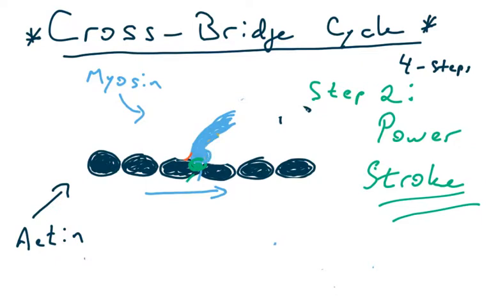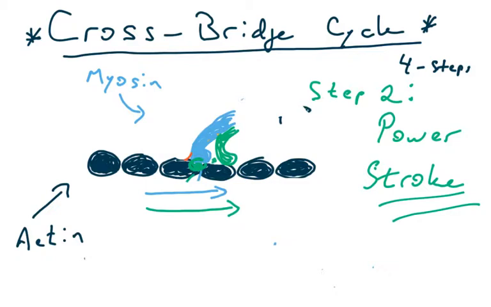Our myosin head, I'm going to make this green at this point, cocks itself, causing that pulling on the actin filament, causing it to go this way. And that's what we call the power stroke. The power stroke is essentially the mechanical movement of the actin filament causing the shortening of the sarcomere.